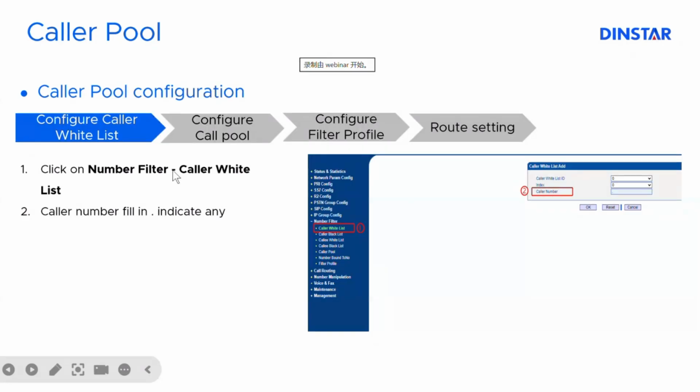And to configure the caller pool, we start with the caller whitelist here. We need to set it in the number filter, and we can just fill in the dot here to indicate any numbers.